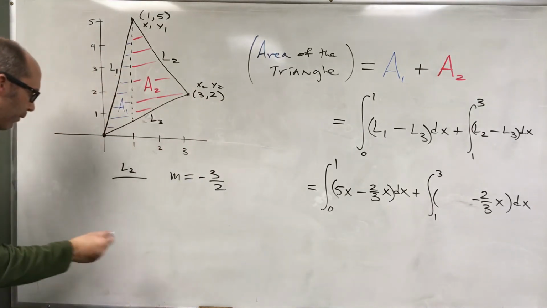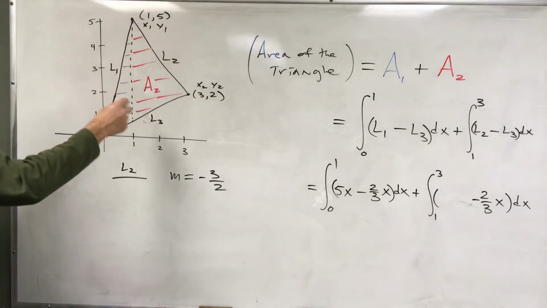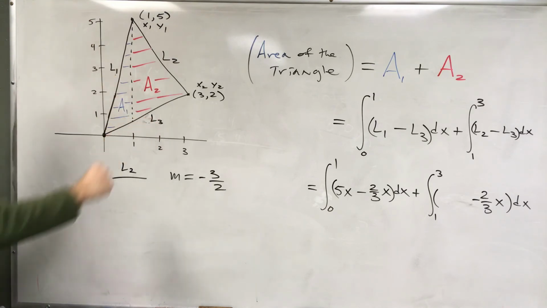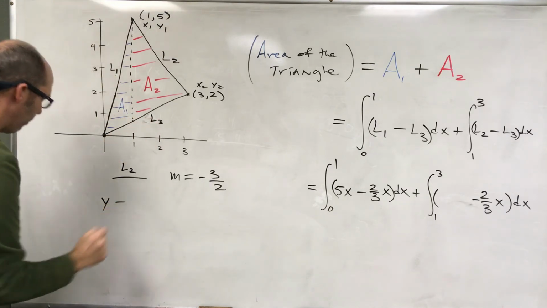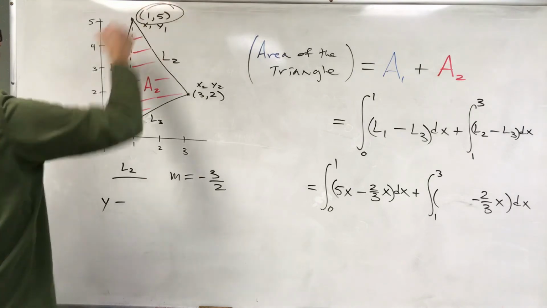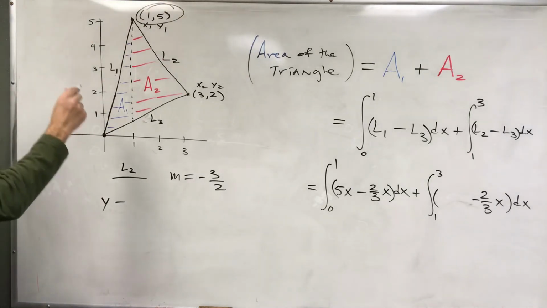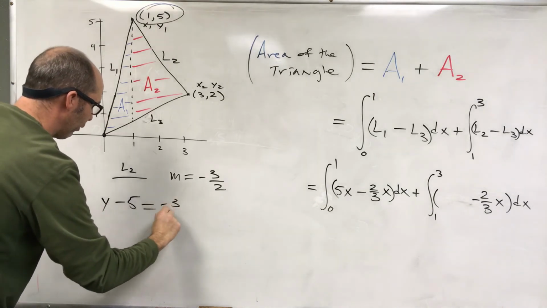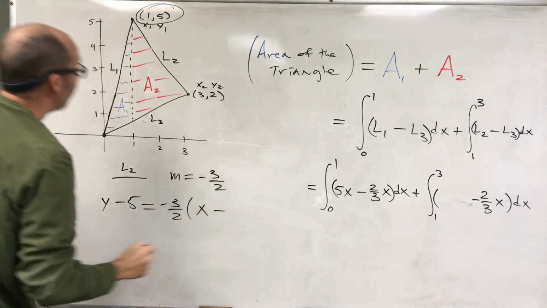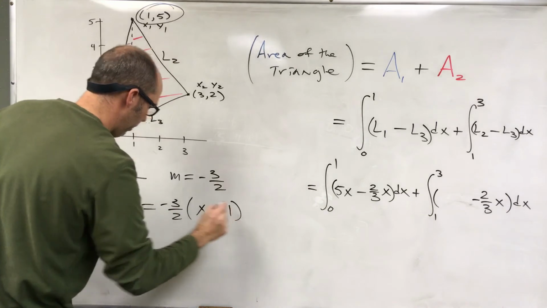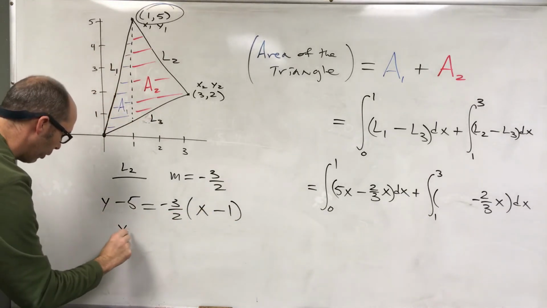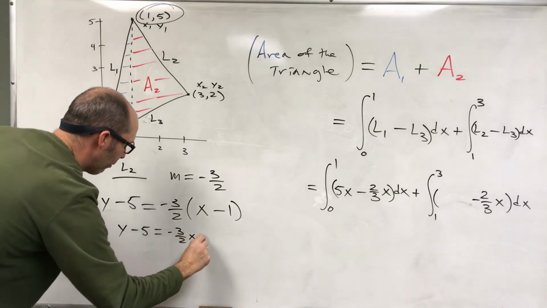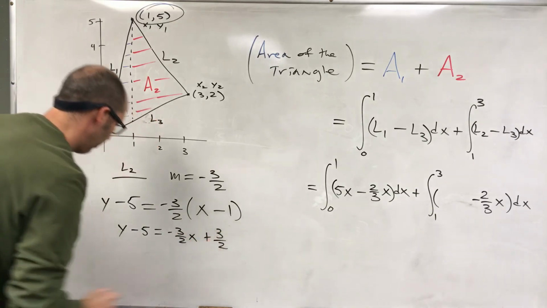Now to find the equation of a line, we can just pick one of the points and use point-slope form. It doesn't matter which one we use, we'll get the same equation. I'm just going to pick 1, 5. So y minus 5 equals negative 3/2 times x minus 1. So y minus 5 equals negative 3/2 x plus 3/2.